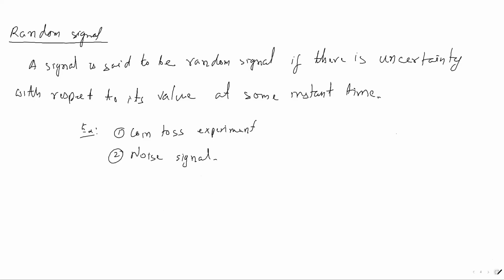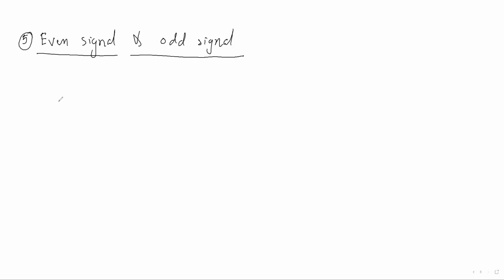The fifth classification is even signal and odd signal. Okay. This is a very important topic. So what is called an even signal or what is called an odd signal?